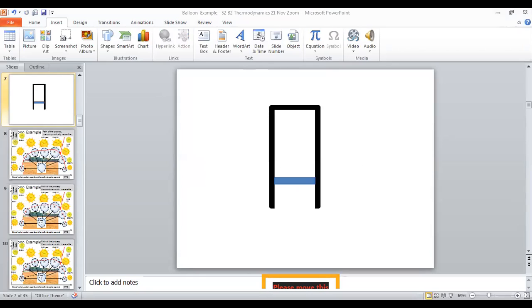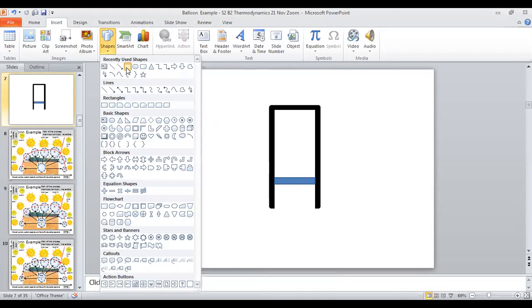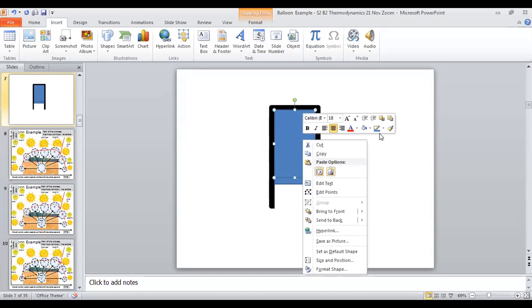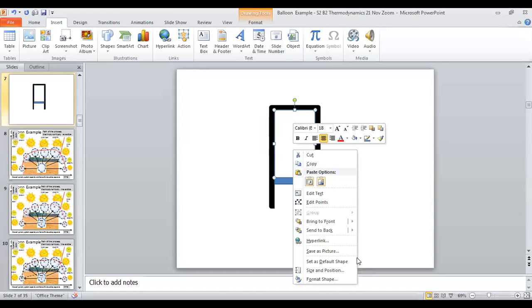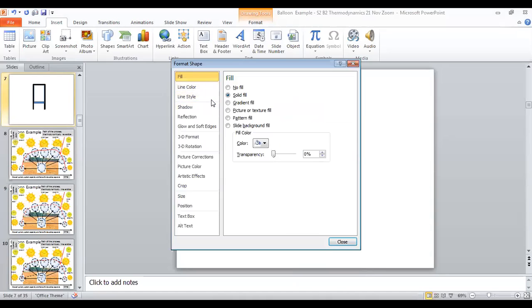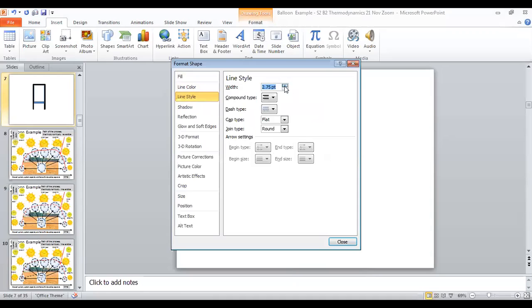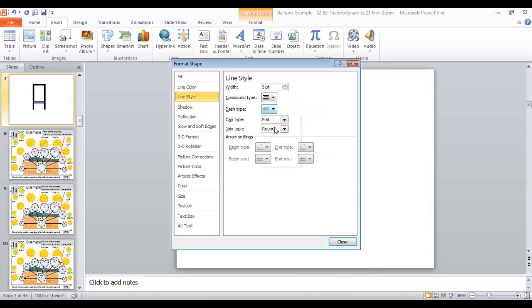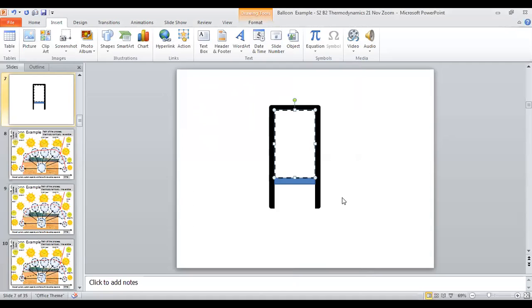Now we can identify the system. Let's say the system, if I put in a dashed line, can you see the dashed line?